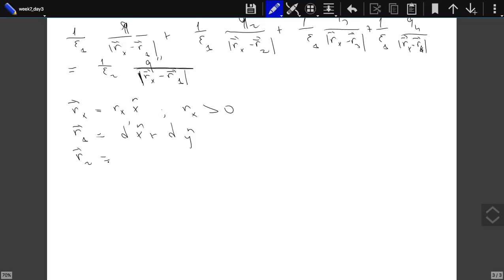R2 is d prime in the x direction minus d2 in the y direction. R3 is minus d2 prime in the x direction minus d2 in the y direction. And R4 is minus d2 prime in the x direction plus d in the y direction.